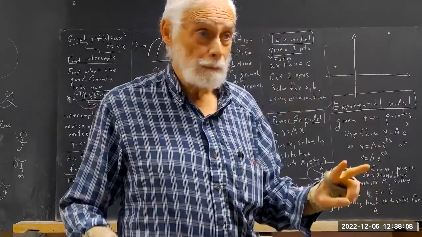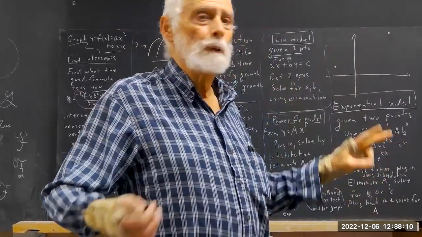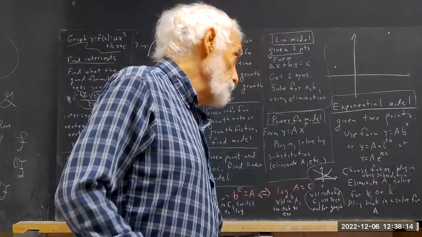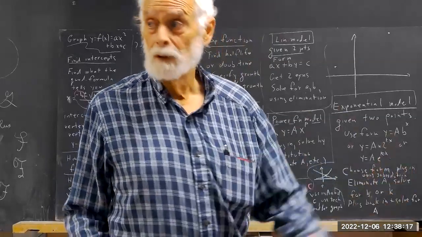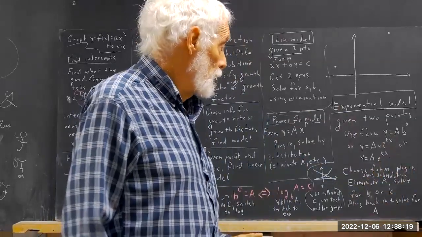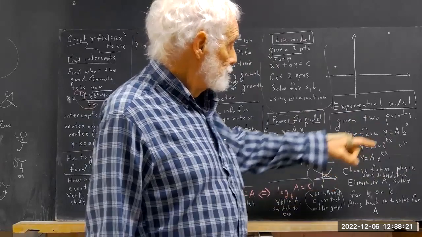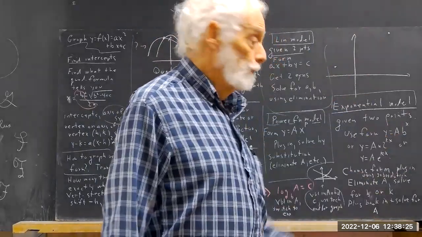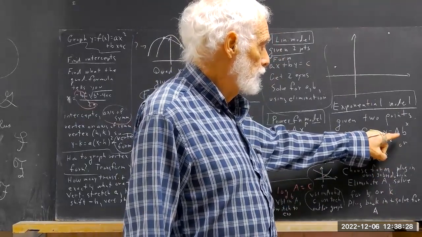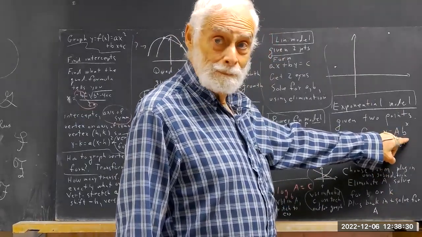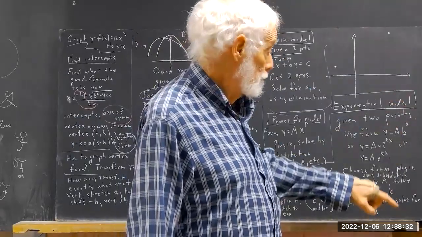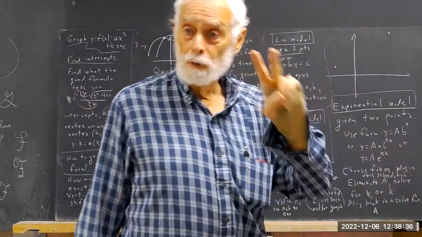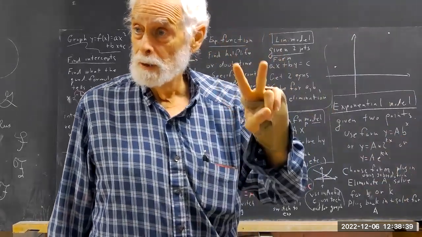Now, you're used to doing that. You've done it, especially with linear functions, but we've also done it with exponential functions, and OpenMath has done it with exponential functions. So you plug x and y in, take 1 point, plug it in, you got an equation. The only things that are unknown in the equation, if you use this form, are a and b. Plug in the other point, you got a y and an x. The only things that are left unknown are a and b. Now you've got 2 equations in the unknowns, a and b.